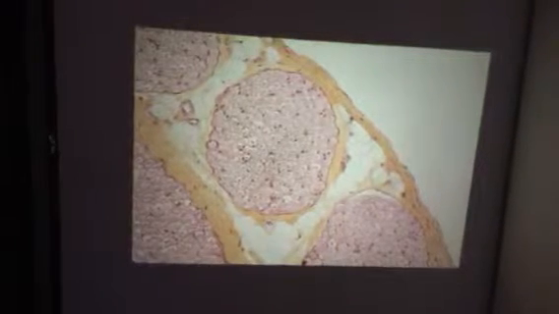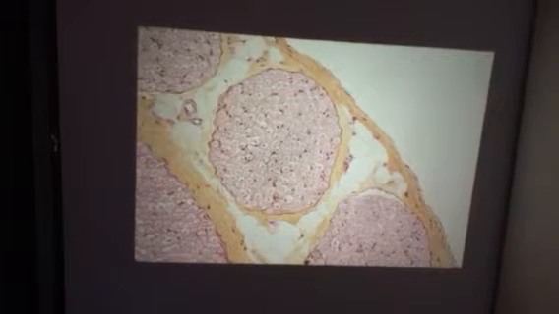Okay, how about this tissue right here? Specifically, yeah, non-keratinized stratified squamous epithelium. How do you know this is non-keratinized? See the nuclei all the way to the surface. Okay, this is a cross-section of what particular organ?